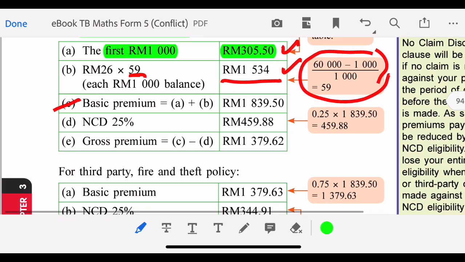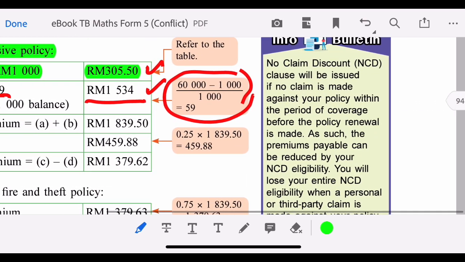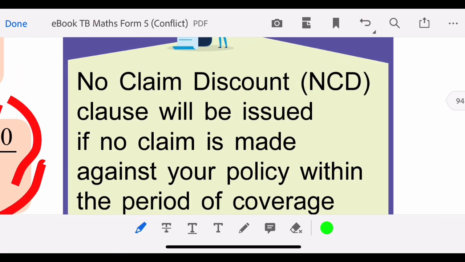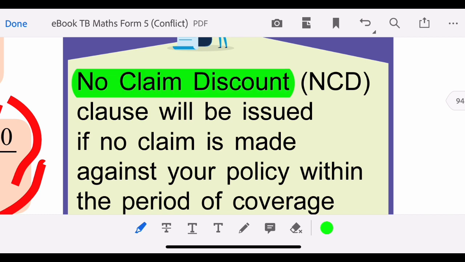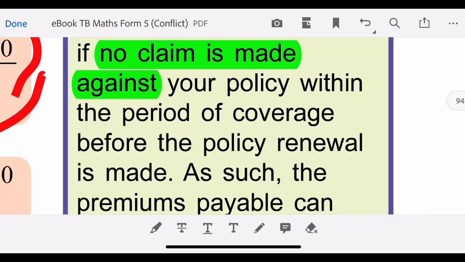So after that, we have to calculate the NCD. What is NCD? Do you know what NCD is? Let me explain NCD. NCD is actually no claim discount. The discount will be issued if no claim is made against your policy within the period of coverage before the policy renewal.